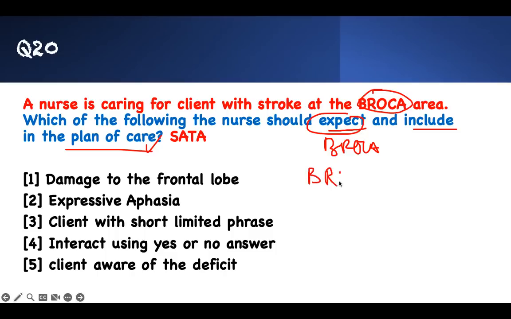This is hard, so it's hard for people to understand. So I have an acronym for Broca's area, BEEF. That's the way I call it. Broca's area is BEEF, where B is the Broca area, E is expressive aphasia.